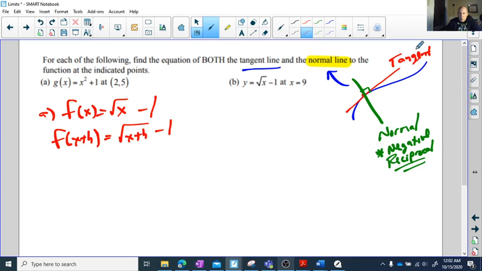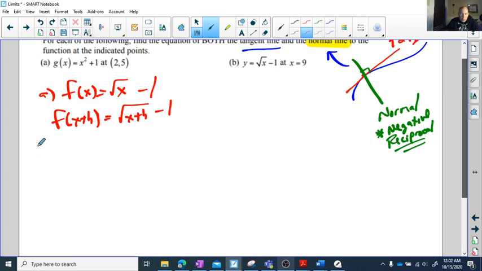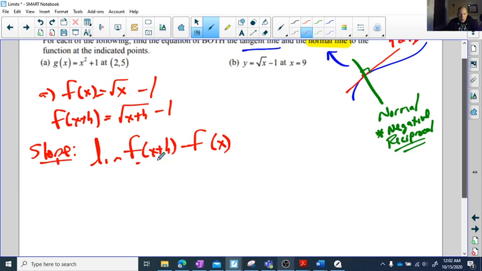Now hopefully you know why I'm doing f of x and f of x plus h, because to get my slope, I'm going to need to use this formula. The limit, right, so the slope of any tangent line is the limit of f at x plus h, subtract f of x, all of that, divided by h as h is approaching 0.